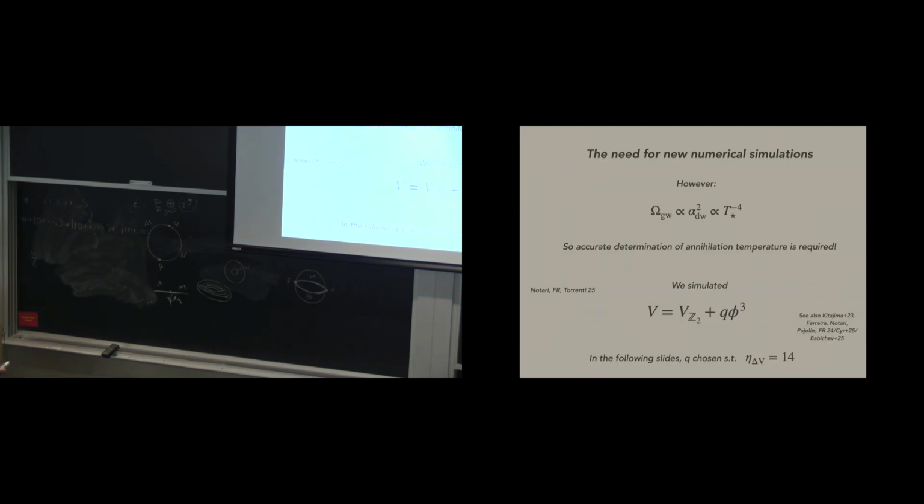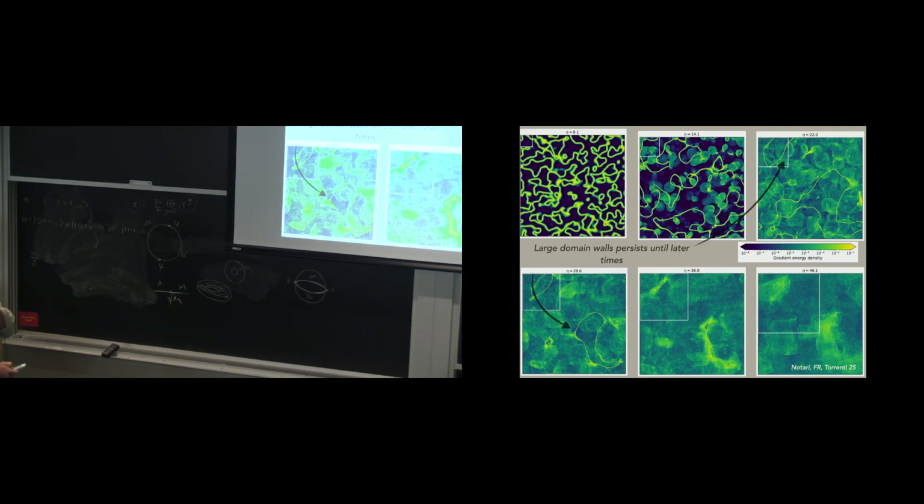All right, so let me wrap up on this. What we added recently is the understanding that, of course, this process is not instantaneous, and this leads to an interesting result in the gravitational wave signal. The process lasts for a while.